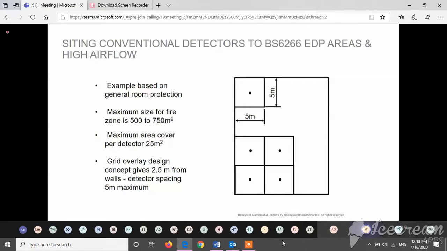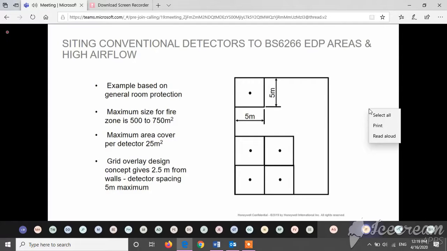Okay, and to give you an idea, if it was a low risk area, such as your office, the standard would identify that and say, don't worry about BS6266. Go back to 5839, that's perfectly acceptable. Within medium, it would say to use a high sensitivity or Class A system, and we'll get onto what these classes are in a little while.